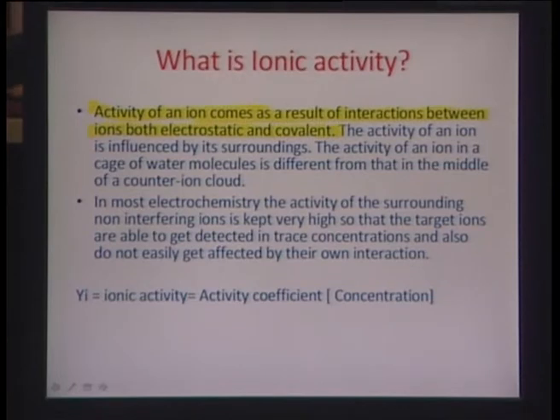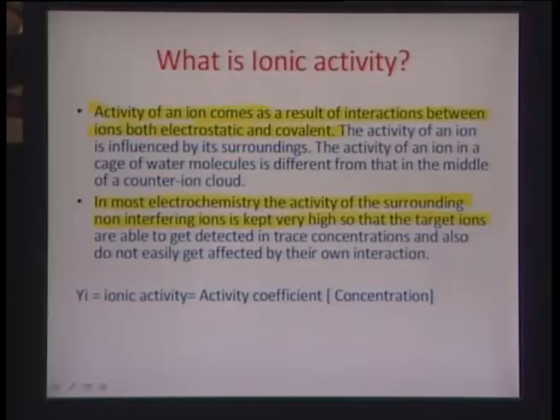Okay. And in most electrochemistry, the activity of the surrounding non-interfering ions is kept very high, so that the target ions are able to get detected in trace concentrations and also do not easily get affected by their own interactions. So, this is something very critical to be observed, that in situations where you have several competing ions, the best way to reduce the interaction between these competing ions is to create a high ionic background, okay.